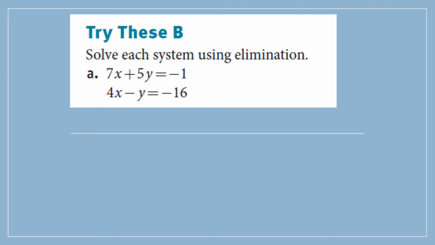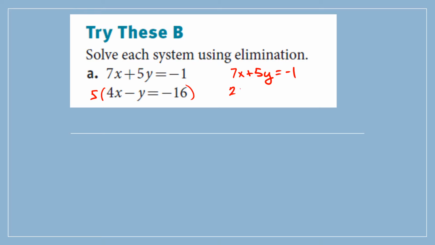So let's see here. We're going to try solving this by elimination. It looks like the easiest thing for me to do would be to focus on the y values, and I could just multiply this bottom equation by 5, and then they'd automatically cancel out. So if I'm just going to bring stuff over here, I'm going to bring the top one over without changing it at all. I don't always have to change it. Or I can multiply it by 1 if you think you have to multiply it by something.